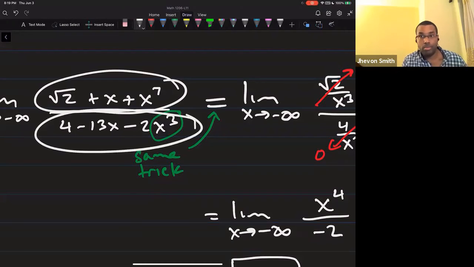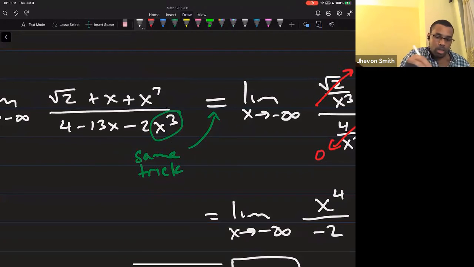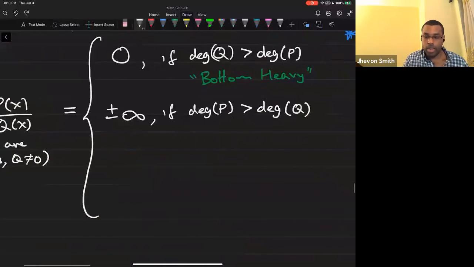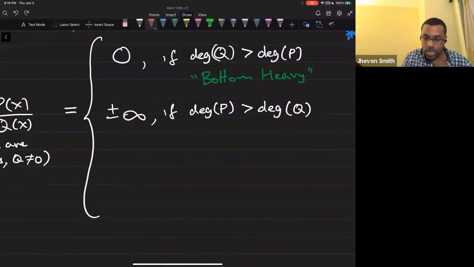The largest power is 3. 7 is bigger than 3. So the top has a larger power than the bottom. So it has a larger degree than the bottom, which means it's top heavy. Like most of the weight is in the top. And that tells you that you're going to go up to infinity. I will preface here that you need to pay attention to the signs.